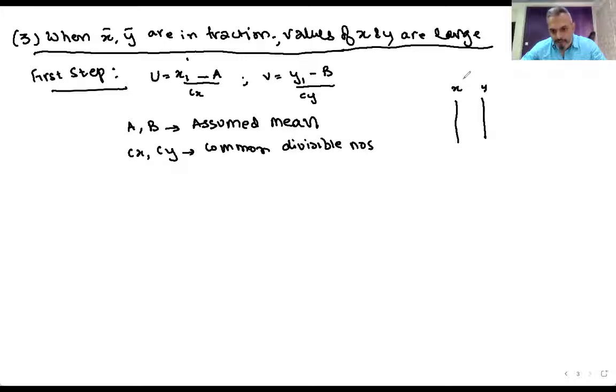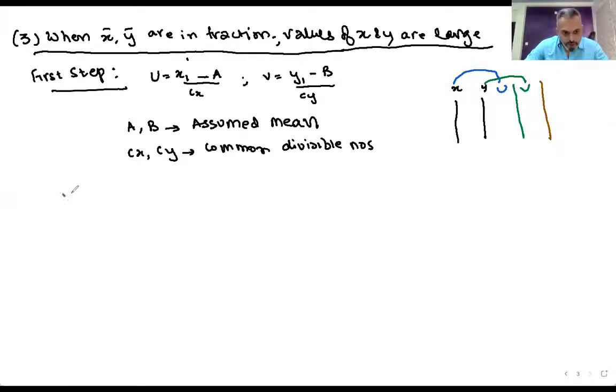So from x, we find out u. From y, we find out v. So you have u, you have v, then what? Then you have to find out further columns, but for that, first let's write the formula.